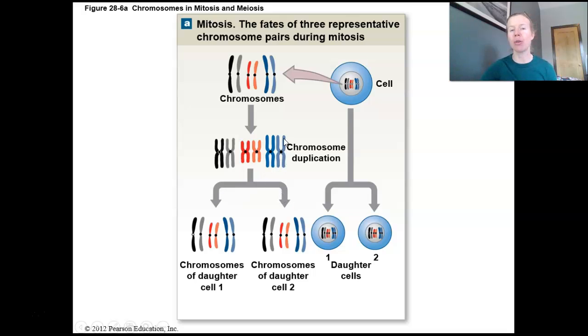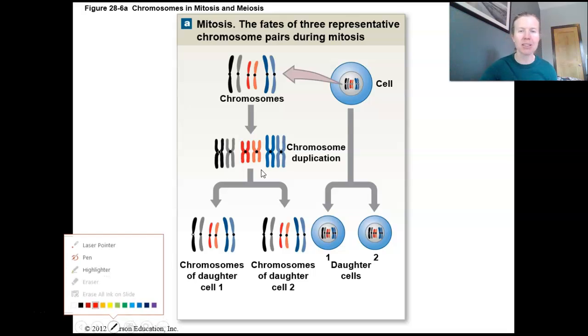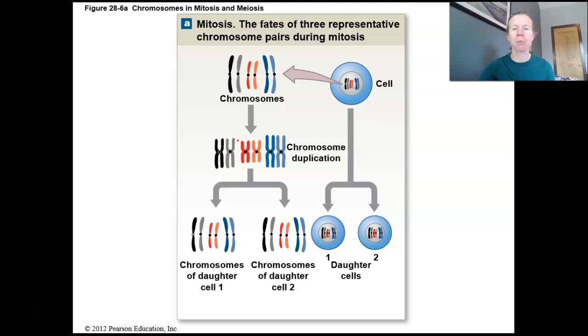And so what's happening here, notice that we talk about the two halves of this X as sister chromatids. So again, terminology you may have forgotten. These two are each sister chromatids, right? And these two are sister chromatids, right? Because each of those basically during DNA replication doubled themselves. And then these two are considered homologous chromosomes, right?